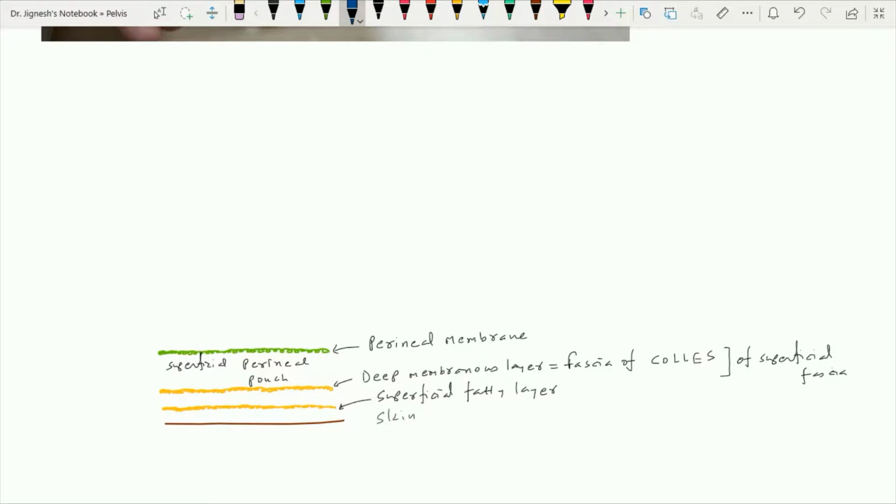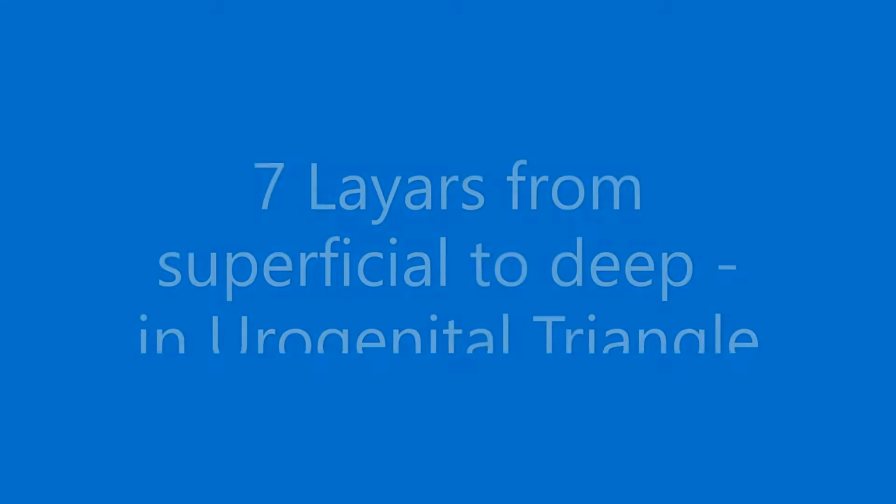And this deep perineal pouch is superiorly bounded by the superior layer of the urogenital diaphragm. Within the deep perineal pouch, few other muscles are also present and some structures are also present, and we are going to see them in detail later on.